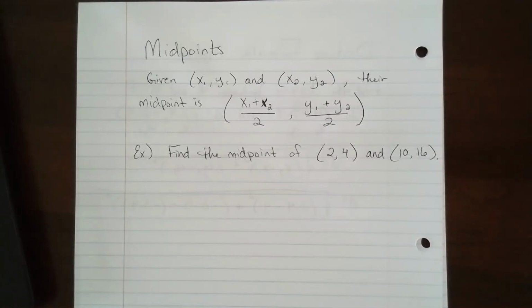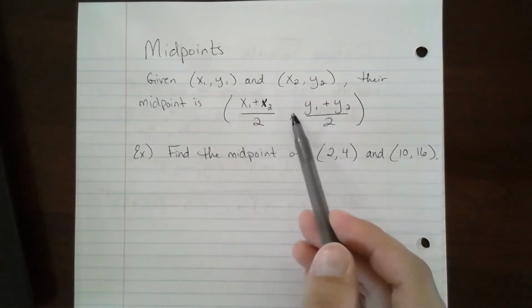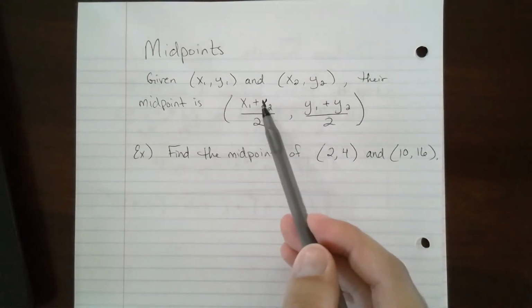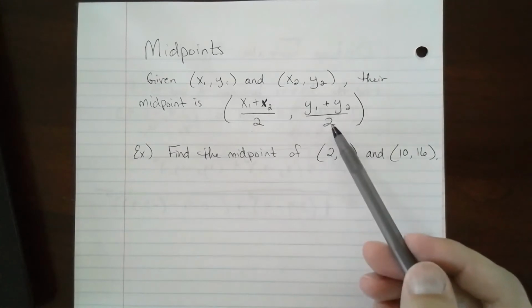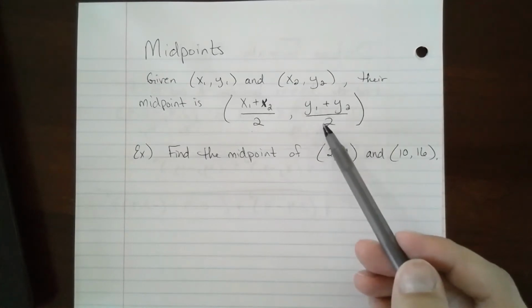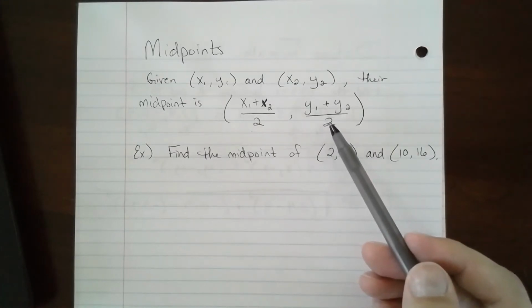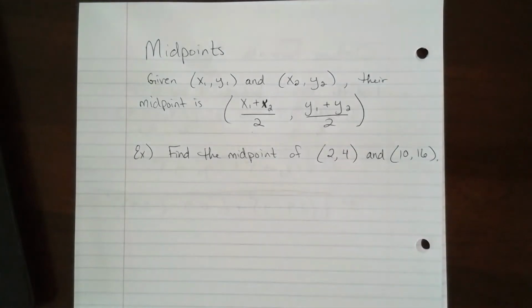Here we see in this statement that I put right in the middle is x1 plus x2 all over 2, and then y1 plus y2 all over 2. Those are just averages. I don't know how familiar or comfortable my audience will be with the basic idea of an average, but an average is when you count up something and divide by the number of things you counted up.